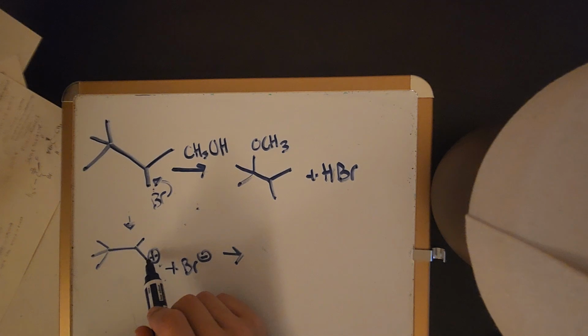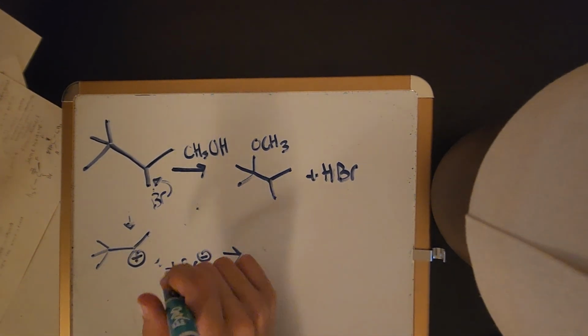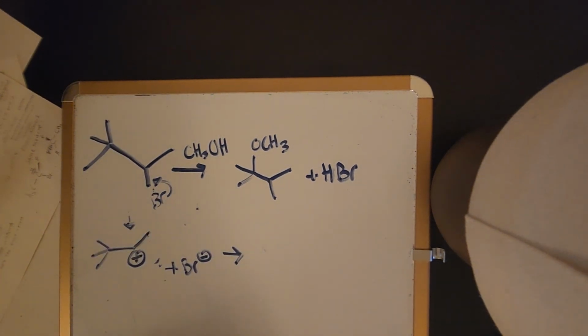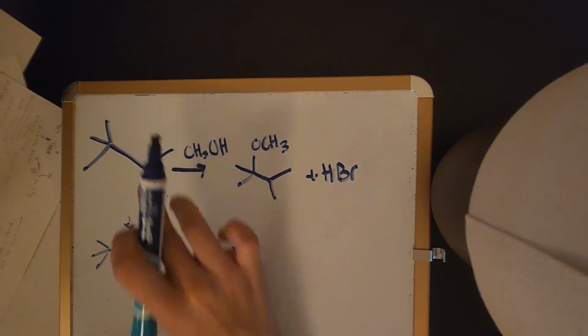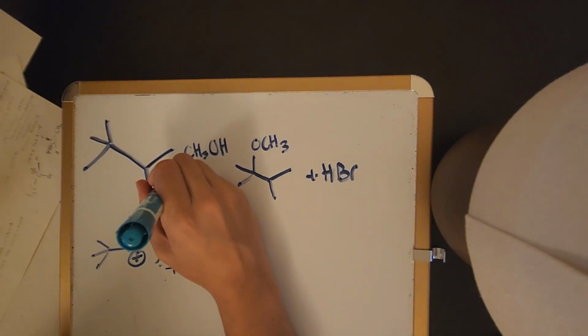So here, alright, I drew it wrong. So when this Br gives away, the whole thing is wrong actually. Let's start over. Br takes electrons. I'm still on elimination, my bad.